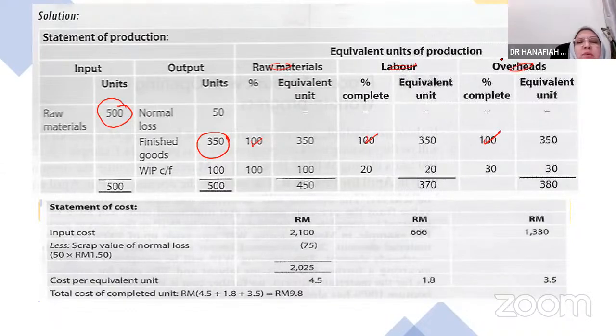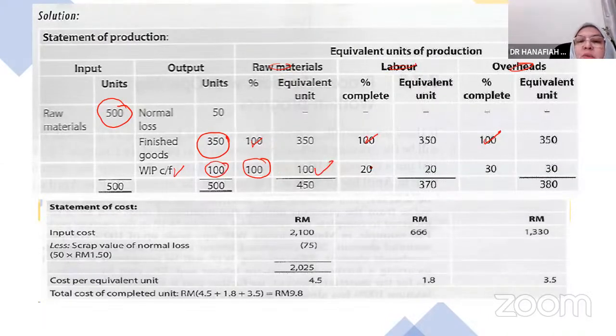So the problem here is about the work in progress. You cannot make mistakes here, because once you have made the wrong calculation, then everything will be wrong. Now let us look at the work in progress for raw material. As I mentioned earlier, it is 100% complete, therefore the equivalent unit is 100.